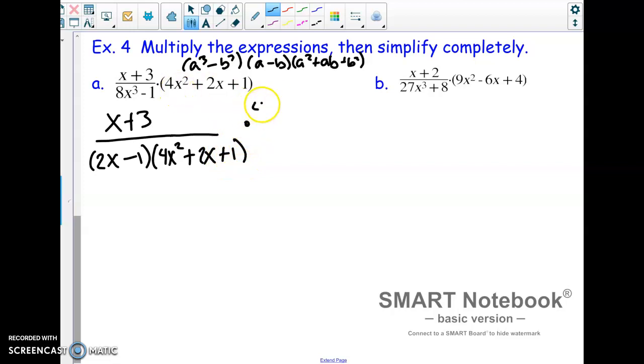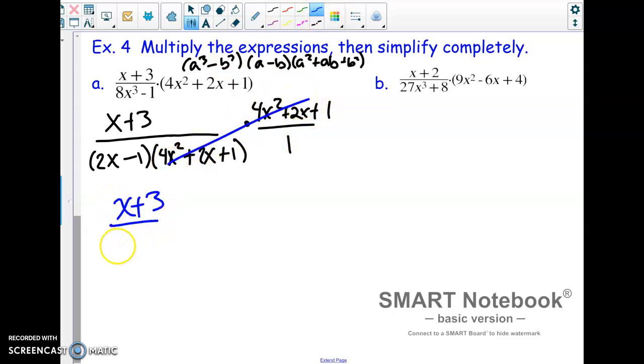Times, and again, we're just going to write this 4x squared plus 2x plus 1 over 1. Now, notice how these two are exactly the same, 4x squared plus 2x plus 1, and then 4x squared plus 2x plus 1. We can eliminate those. We don't have to do anything else. So I'm just left with x plus 3 over 2x minus 1. But you got to remember those rules first.